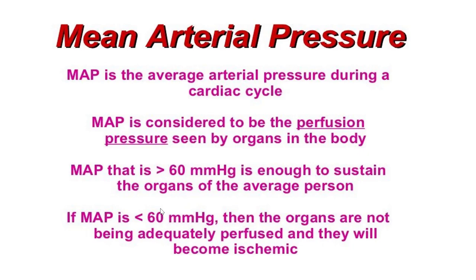So, what is mean arterial pressure? Mean arterial pressure is the average arterial pressure during a cardiac cycle. Mean arterial pressure is considered to be the perfusion pressure seen by organs in the body.